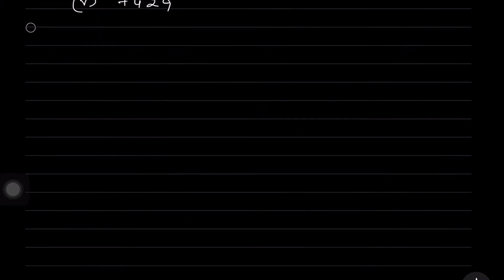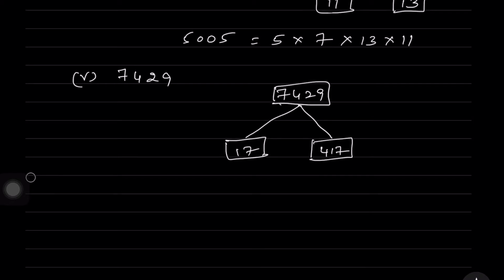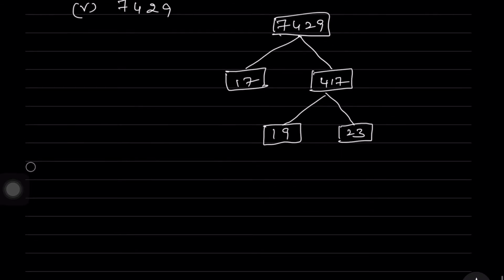Then 7429 can be written as 17 into 437, and 437 can be written as 19 into 23. So 7429 is 17 into 19 into 23.